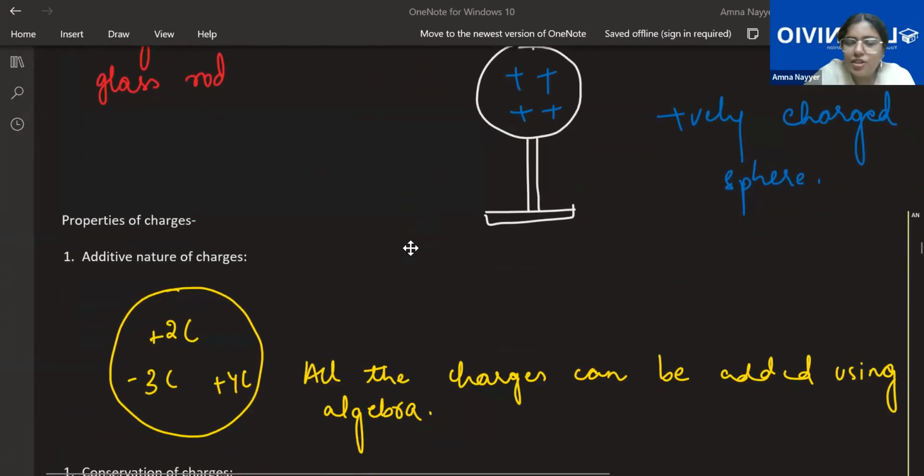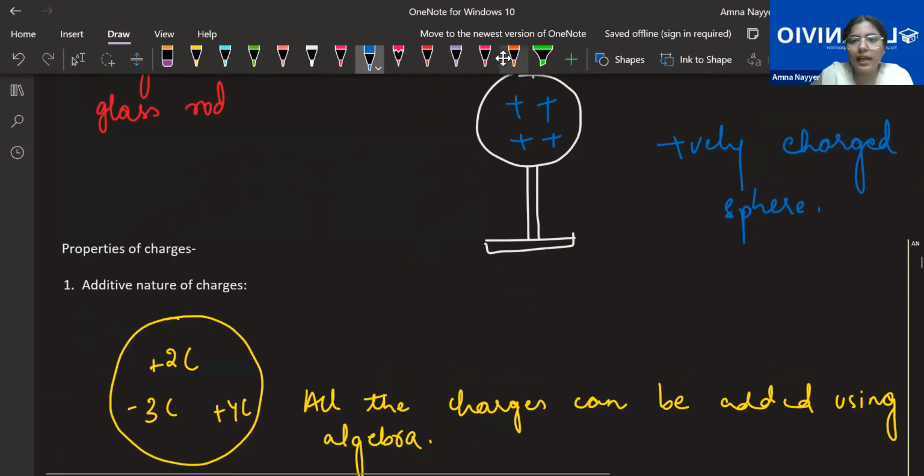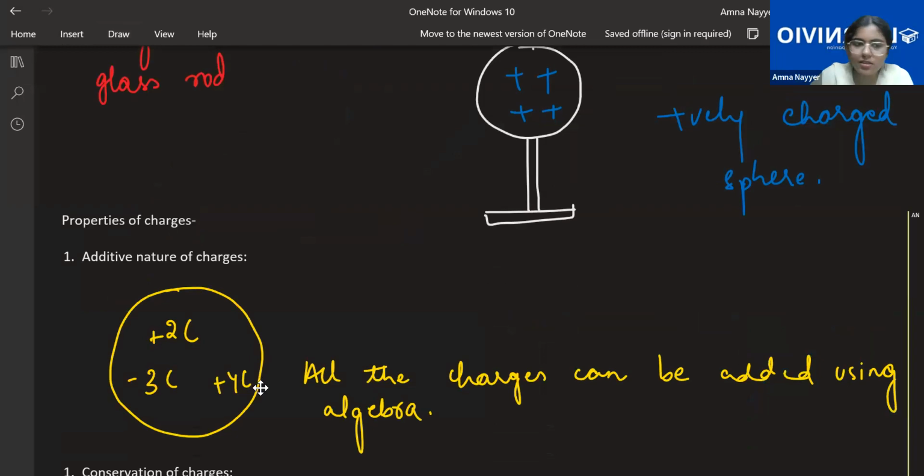Additive property. See, charges are scalar. They don't need special vector addition or anything. So when you have to find out the net charge, you can just add all of the charges. For an example, given plus 2 coulomb, minus 3 coulomb, plus 4 coulomb.